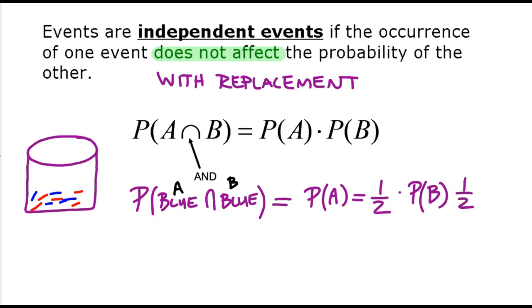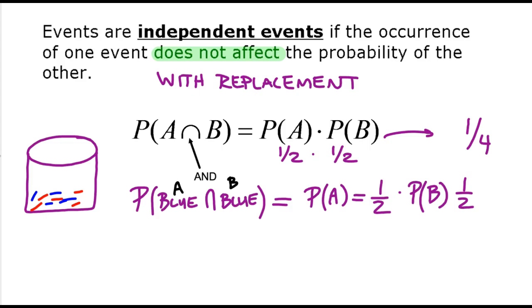So the probability of A times the probability of B is 1/2 times 1/2, which is 1/4. That's a basic example of an independent event. With replacement, the second probability is not affected, so you can just multiply the probabilities together. The probability of pulling 2 blue markers is 1 in 4.